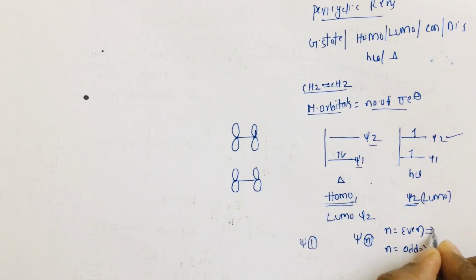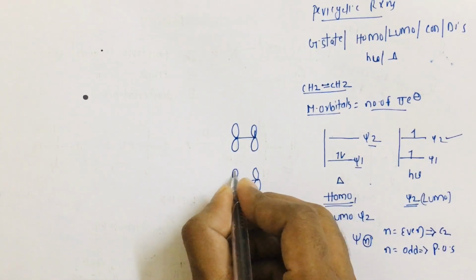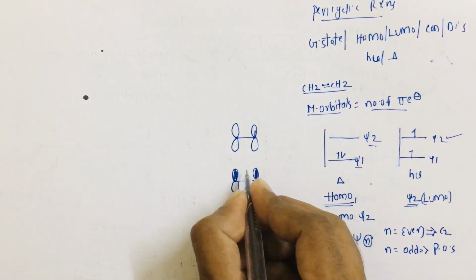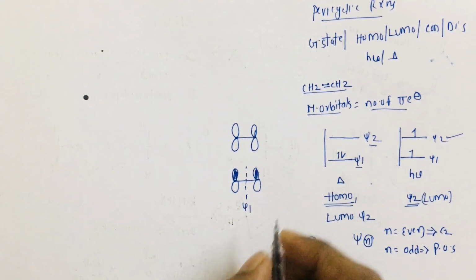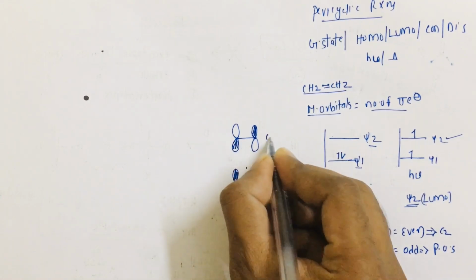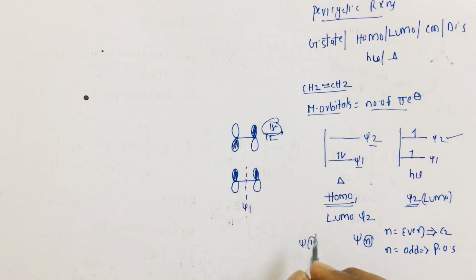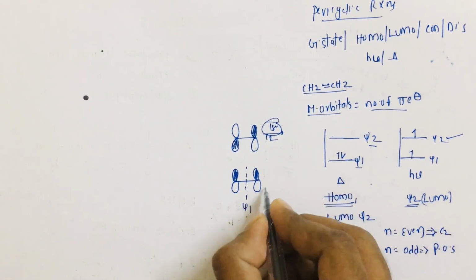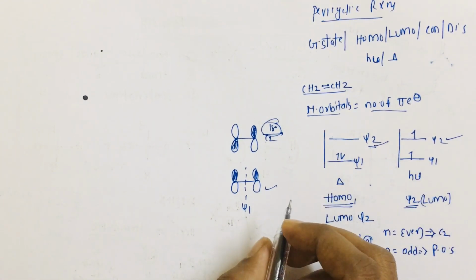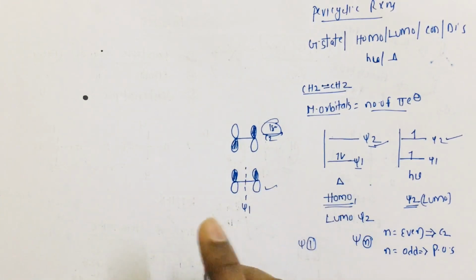When it's even, there is a presence of a C2 axis of symmetry. So this will be shaded, and this one. This is for psi1 because there is a presence of a plane of symmetry. And for psi2, because here we have a C2 axis of symmetry. So when the n value is odd, a plane of symmetry has to be there. When the n value is even, a C2 axis of symmetry has to be there.